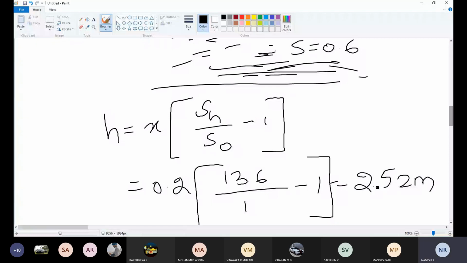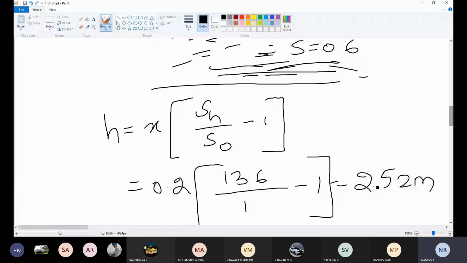This is a simple calculation. Can you make it fast? CD is 0.2 into 9.81 into 0.5. What is A1, A2? He has given the diameters, D1 30 and D2 50.